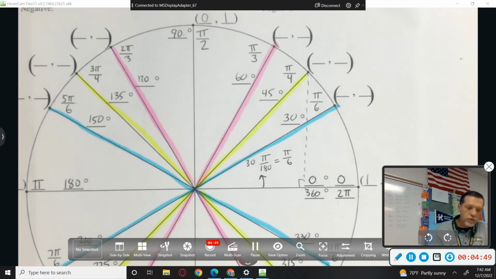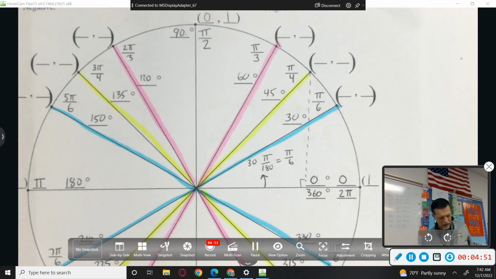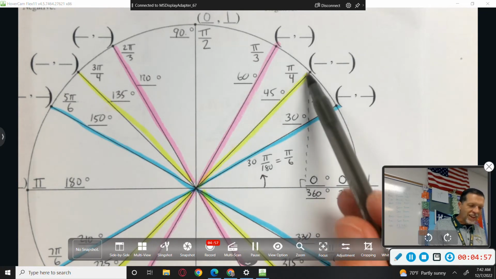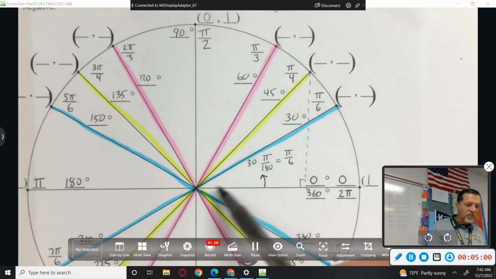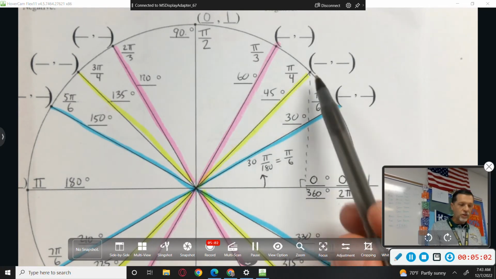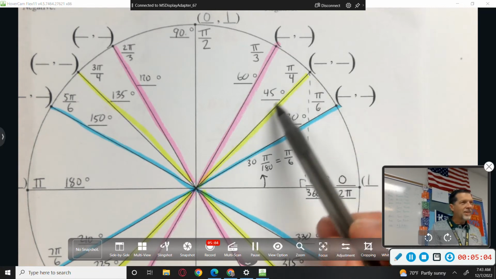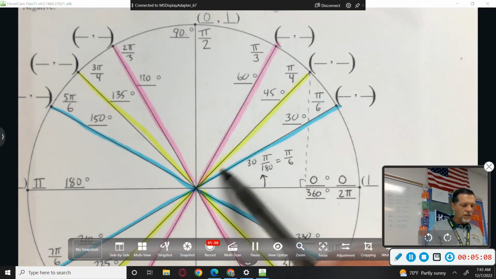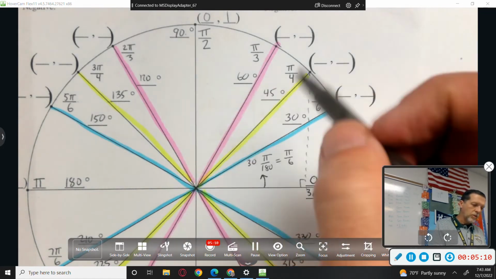We can cut out triangles that fit exactly there to help us see that triangle. So do you see the right triangle I'm looking at here? What's the hypotenuse of that right triangle? 1, because all of those radii are 1.